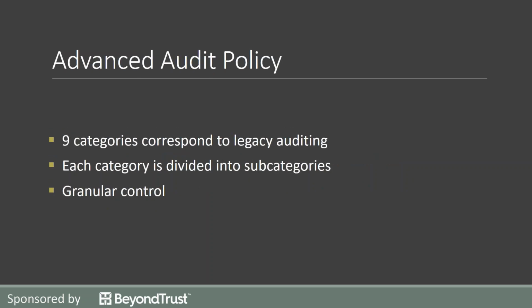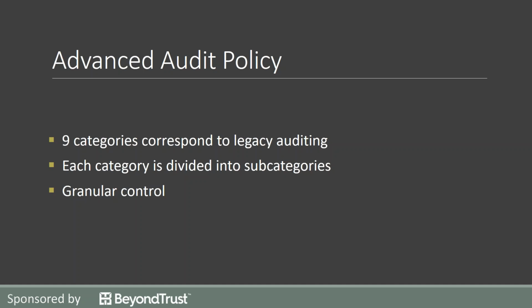So how does the advanced audit policy differ from legacy auditing? What you get are 9 categories that roughly are equivalent to the legacy auditing controls that you saw in the screenshot before. But those 9 categories are divided into further subcategories.